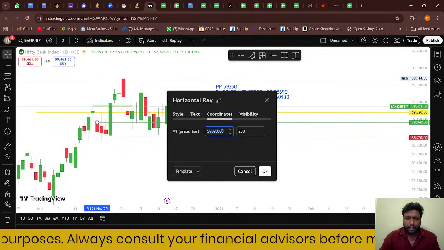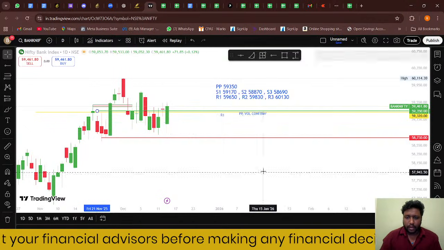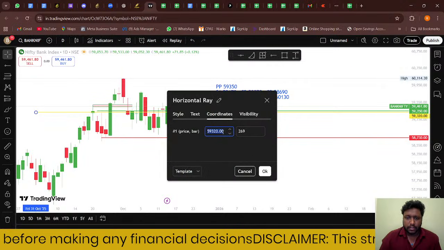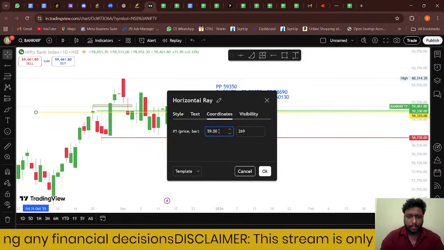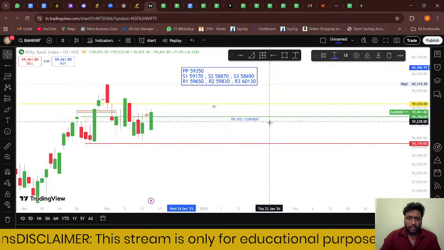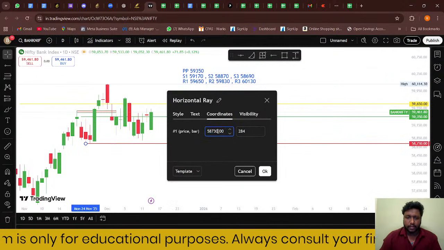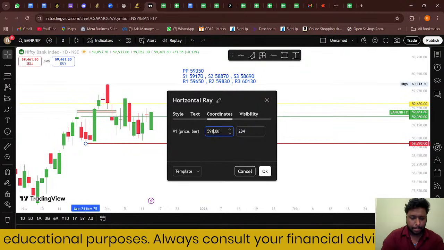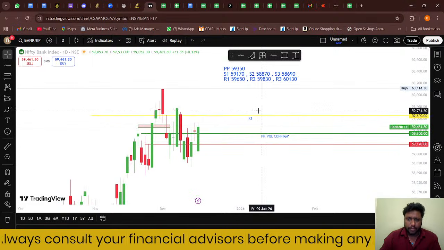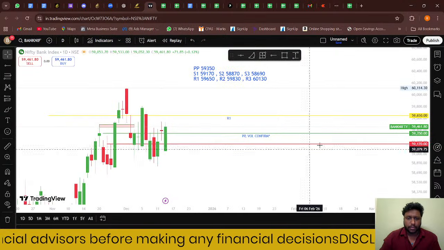We will mark 59,350 as our pivot line, our first resistance, the yellow line, at 59,650, and our first support at 59,170. Okay. So these are the three levels. I simply marked the resistance one, pivot line, and first support as well.